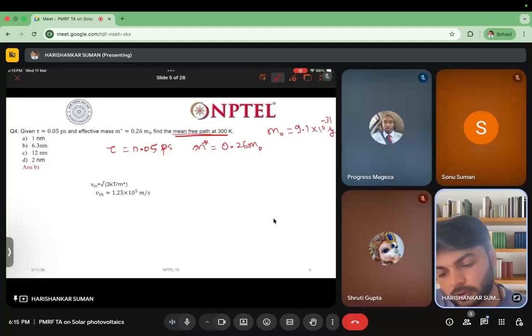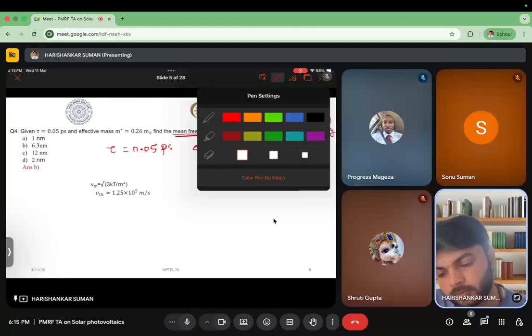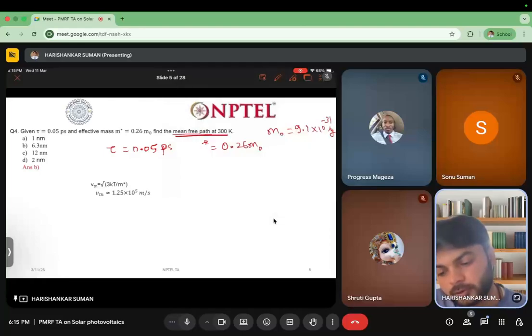The effective mass is given. So from the kinetic theory of gases you can calculate VTH as the square root of 3 kT by m effective mass.